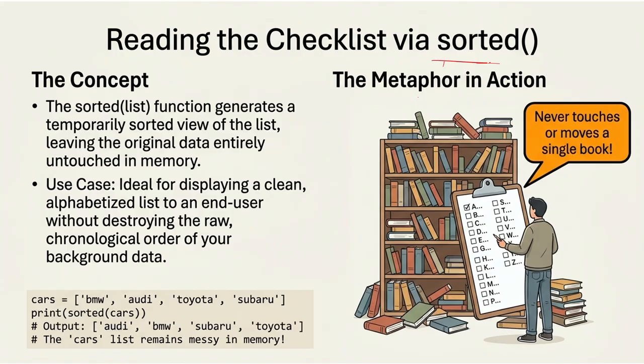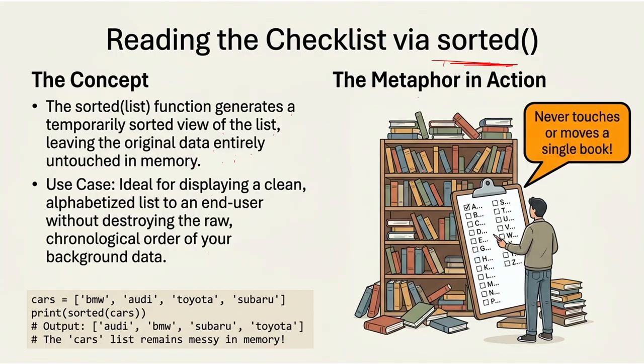How it works: the sorted function generates a temporarily sorted view of the list, leaving the original data entirely untouched in memory. It's ideal for displaying a clean alphabetical list to an end user without destroying the raw chronological order of your background data.